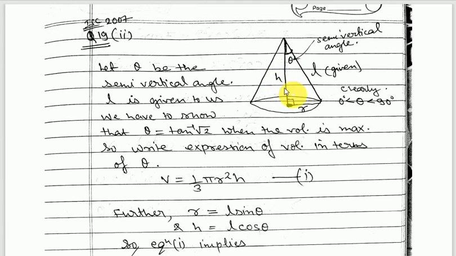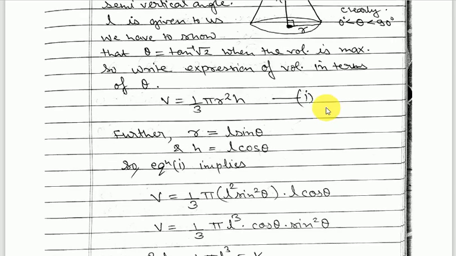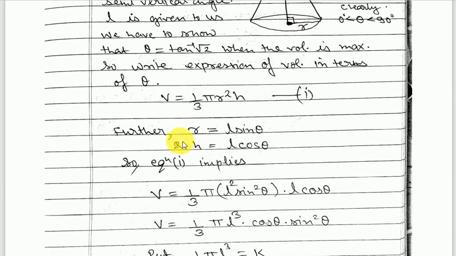If you see, this is a right angle triangle, with base, perpendicular and hypotenuse. So this h is nothing but L cos theta, and r is L sin theta. From that figure you can make out that r is L sin theta and h is L cos theta. So in this equation 1 we can put these values.